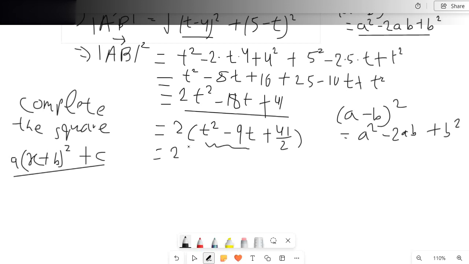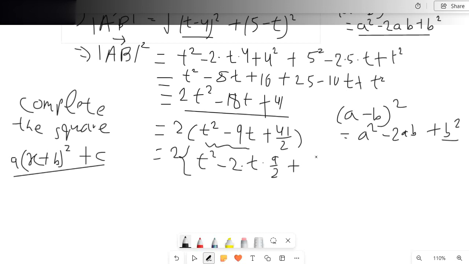So we can say that this can be rewritten as t squared minus 2 multiplied with t, and because this is 9, in order to keep 9 the same, we have to multiply with 9 by 2, so that if you multiply all of these terms together, you get 9 again, and then plus b squared.